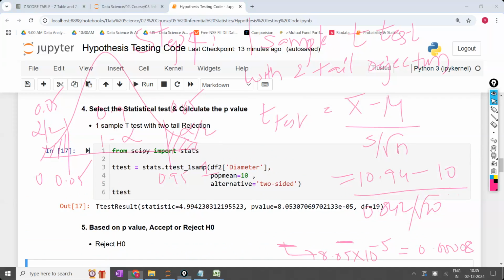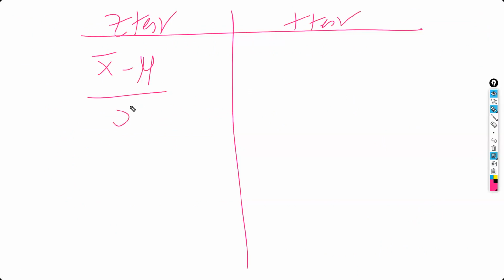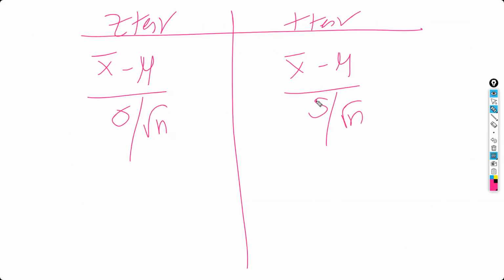Now, what is the formula for the z-test and the t-test? Z-test: x bar minus mu divided by sigma by square root of n. T-test: x bar minus mu divided by s by square root of n. Instead of sigma, you write s, the sample standard deviation. Remaining everything is the same.